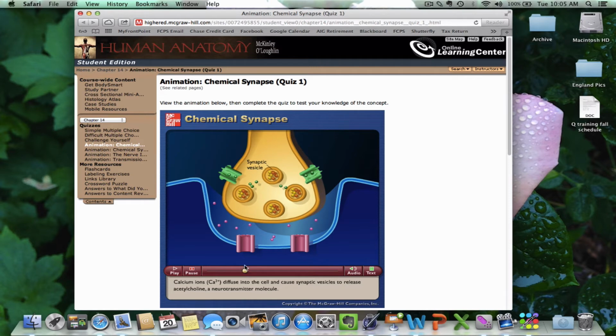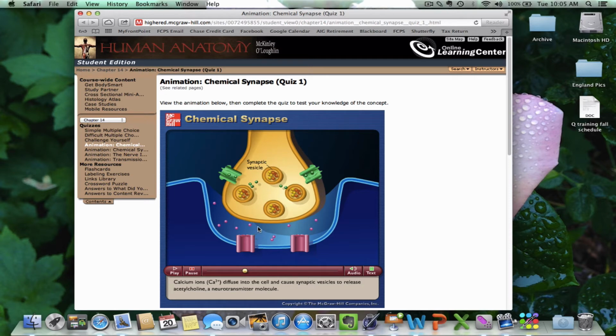So that's the passive transport that we want to see. Once these calcium ions diffuse inward, they interact with some vesicles, which causes them to exocytose their neurotransmitters out into the synaptic gap, which causes these channels to open, which allows something else to diffuse inward. So we've got a kind of chain reaction of passive transport.